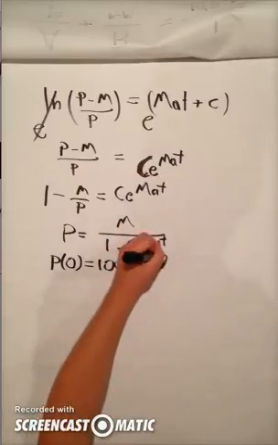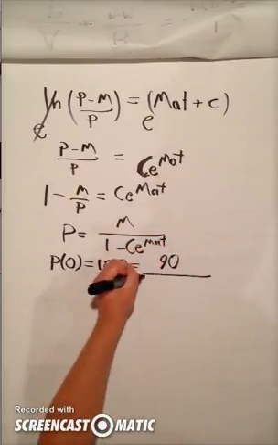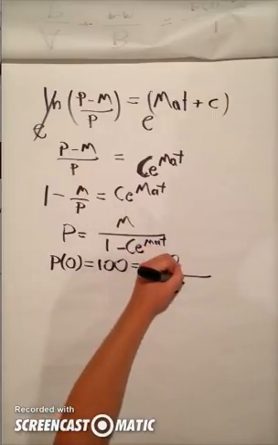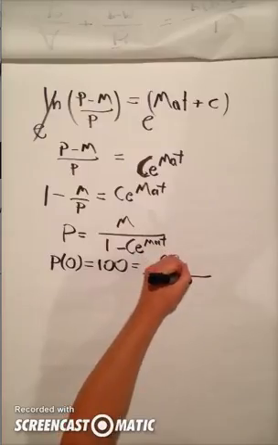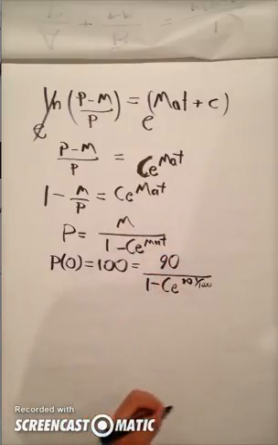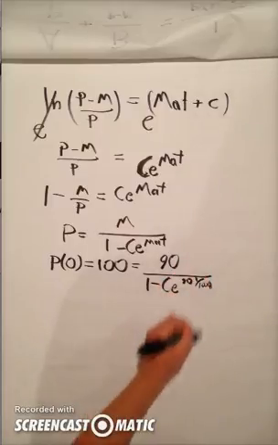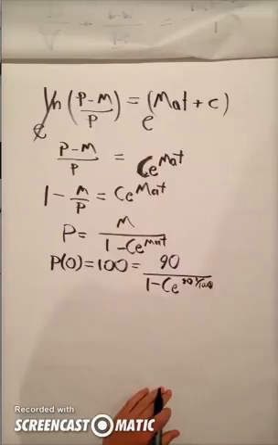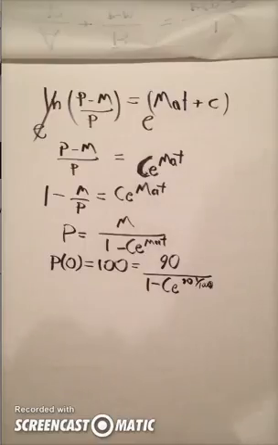If we plug in M from before, we know that's 90. Oh yeah, that's right. I suppose that's A, isn't it? We haven't actually calculated A yet, have we? I should probably do that first.